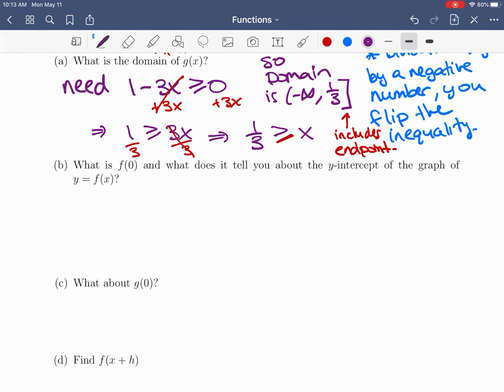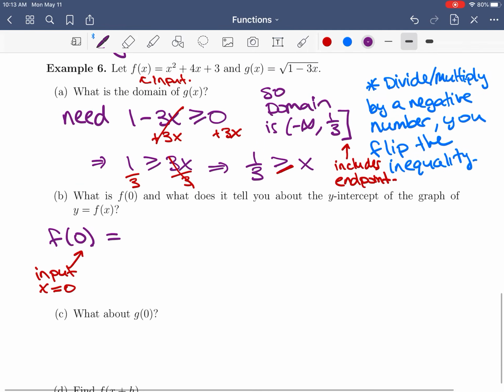Now, what is f of 0, and what does it tell you about the y-intercept of the graph? So f of 0, this is my input, x equals 0. So in my equation for f, I just want to replace all the x's with zeros.